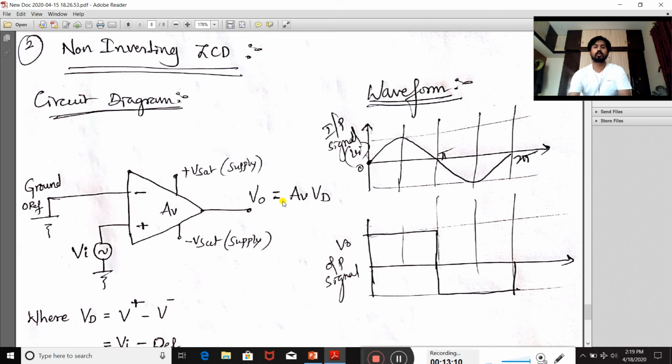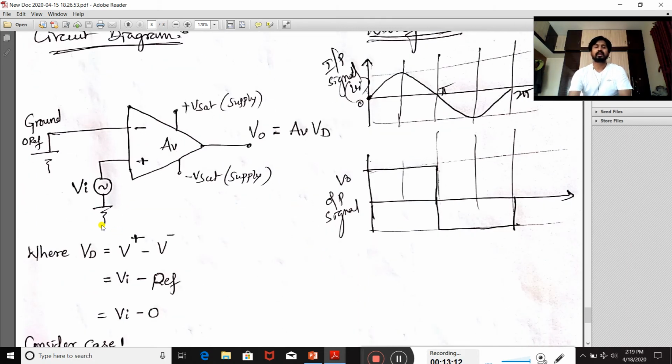So V0 we know is AV into Vd. The difference voltage, how do we write? V plus minus V minus. Here V plus is the source, that is Vi, minus V minus, that means the negative terminal is connected to ground or zero reference, so it is Vi minus 0.